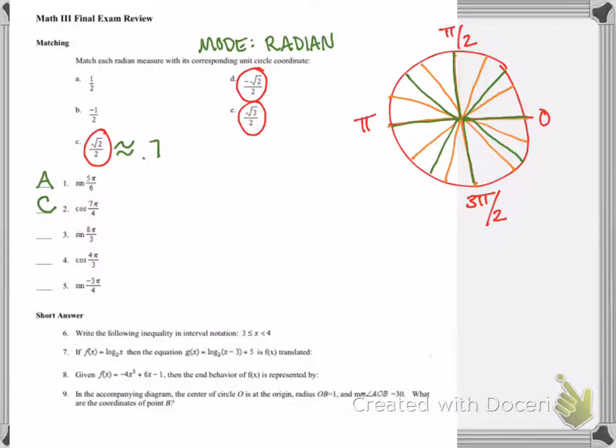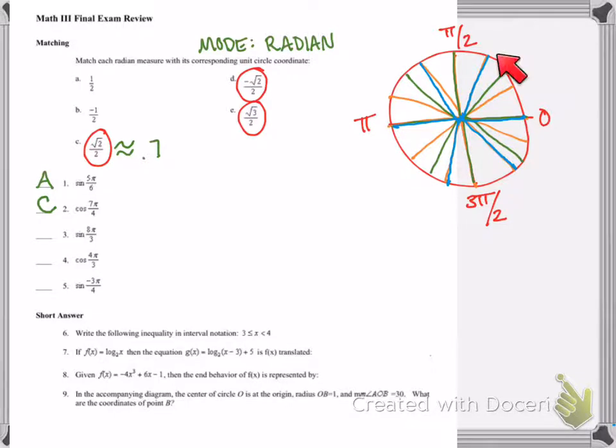For the sine of 8 pi over 3, 8 pi over 3 is bigger than 2 pi. And the pi over 3 values, if you want to use your unit circle, are here. That's 1/3, this is 2/3, 3/3, 4/3, 5/3, and 6/3. But we need to go to 8, so we keep going around.